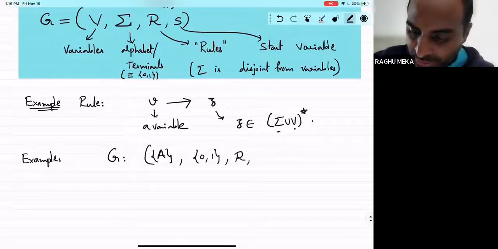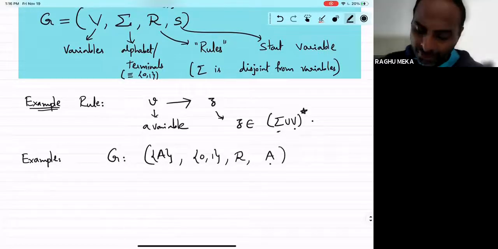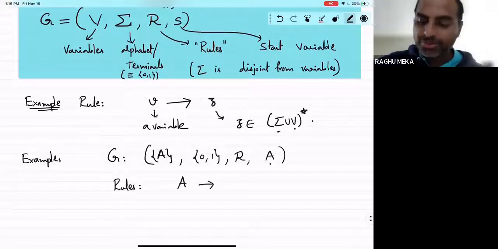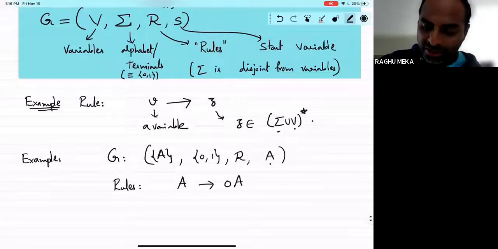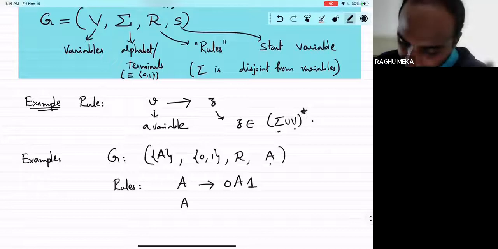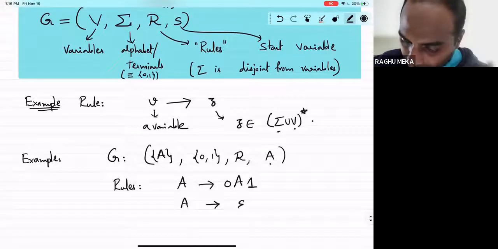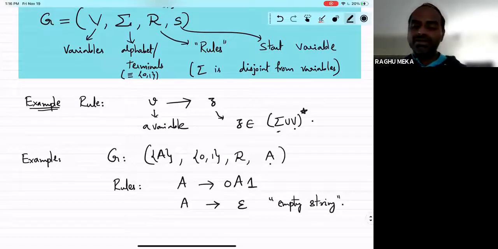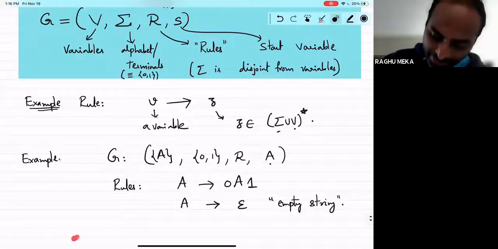I will tell you the starting variable is just A. And what are the rules? The rules are: A can be substituted with 0A1, or A can be substituted with the empty string. Okay, so this is a grammar.